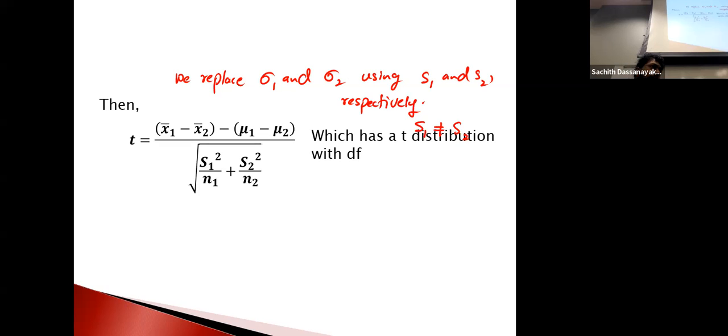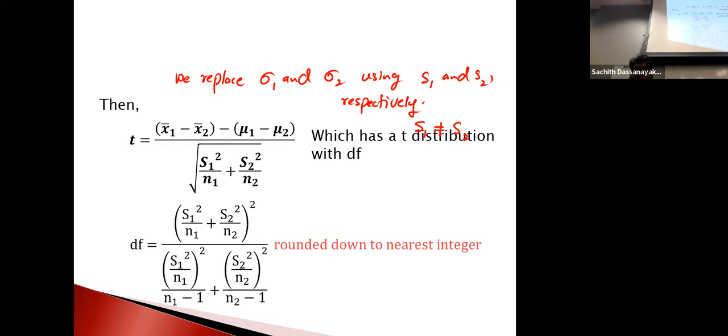Again, since we don't know sigma, we have to use the T distribution. So how do we find the degrees of freedom? Again, it is not as simple as the previous case. It is not n1 plus n2 minus 2.